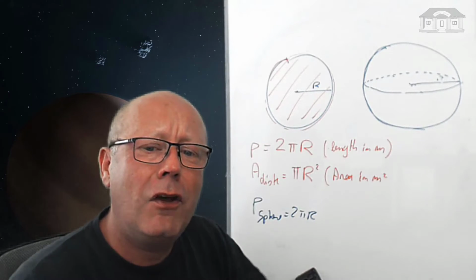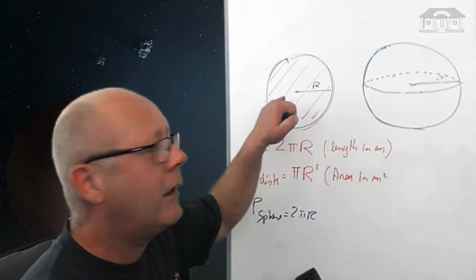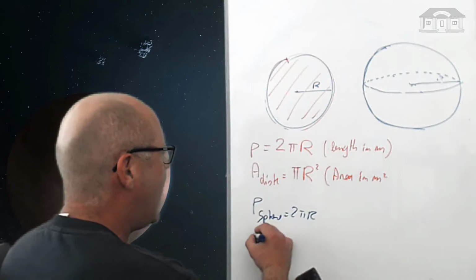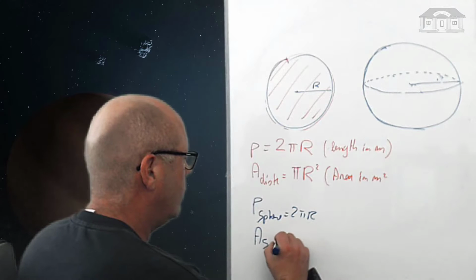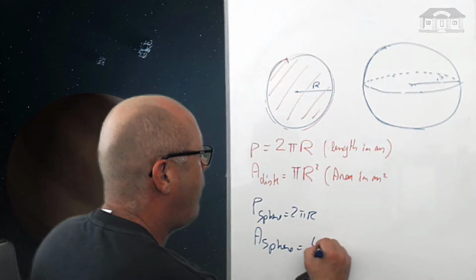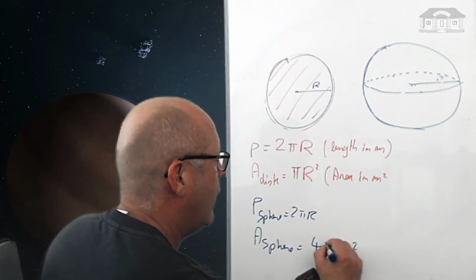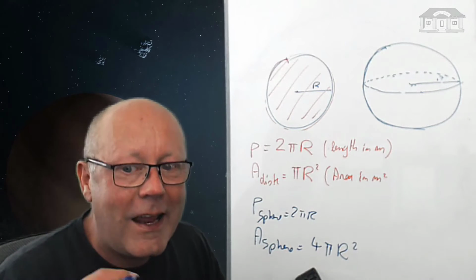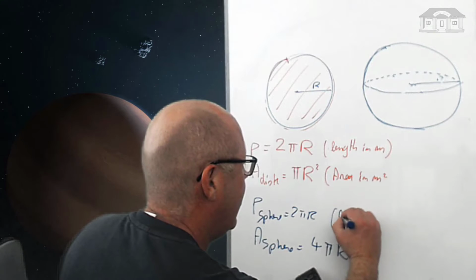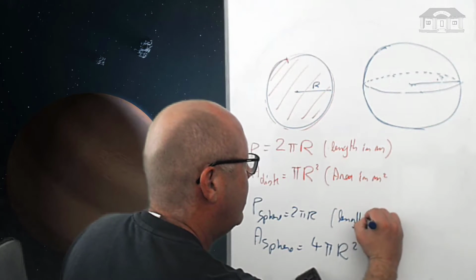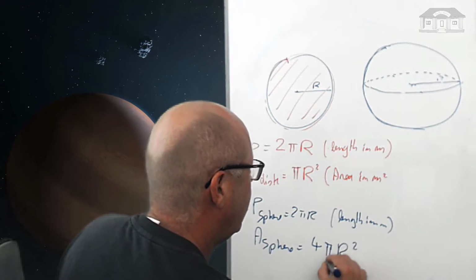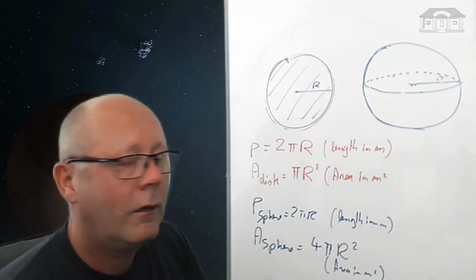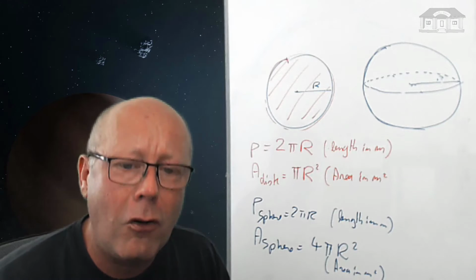What about the surface of the sphere? It's going to be bigger than the surface of the disk, right? Well, the area of the sphere will be 4 pi r squared, 4 times bigger than the area of the disk. So this is a length in meters, and this is an area in meters squared. But for a sphere, we can also define a volume.